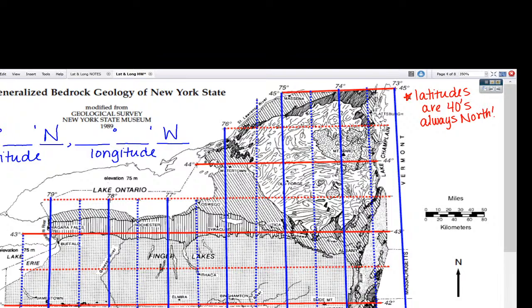So if you see a number along the outside of New York State and you're not sure what you're looking at, if it starts with a 4, that's a latitude. And I'm just going to change my color. If you see longitudes, they're always 70-something, so 70s. And they're always west.